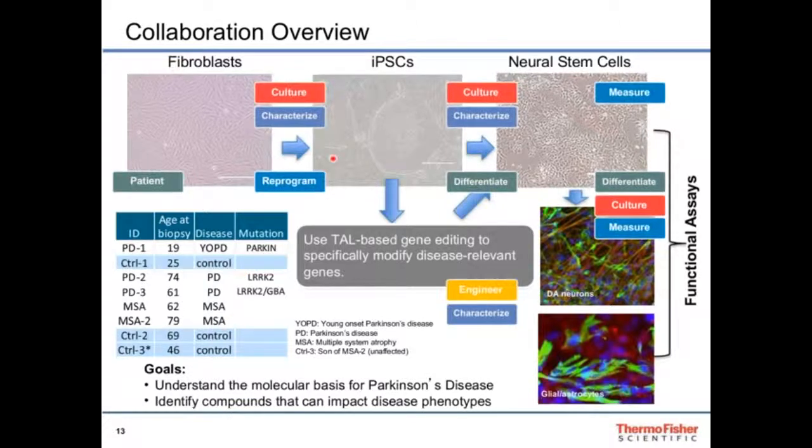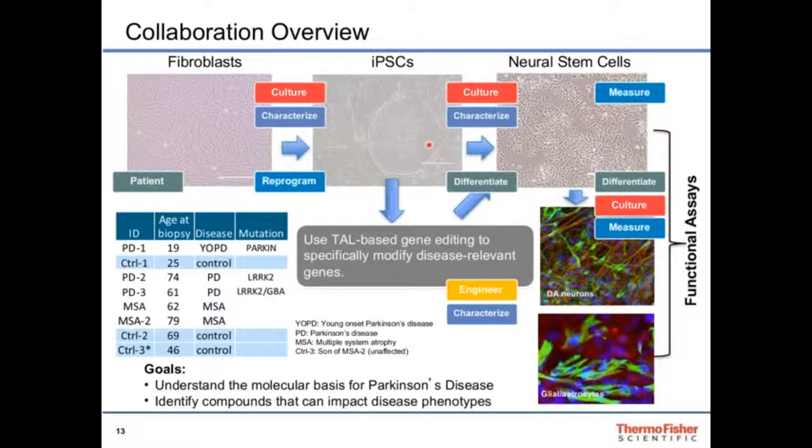The workflow: we got these skin biopsies, grew out the fibroblasts in culture, and reprogrammed them to iPS cells using our CytoTune reprogramming system. We then resequenced those cells to confirm they had these specific mutations in LRRK2 and GBA, at least.